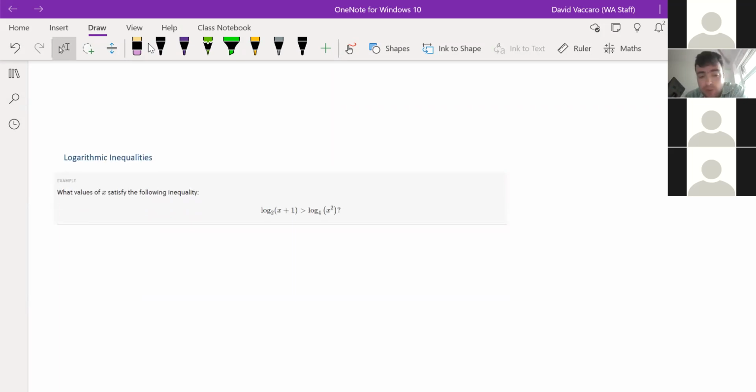So let's look at a logarithm inequality. So log 2x plus 2, it says, is greater than log 4 x squared. So my first question is, why is this question hard? And what would be natural to do to try and make it easier?